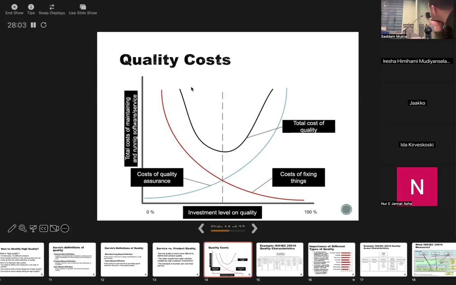So this is actually a quality and cost model. On the x-axis, we can say it is our investment level on quality, and the y-axis represents the total cost of maintaining and running software. One is quality, and the other one is the total cost of maintenance.